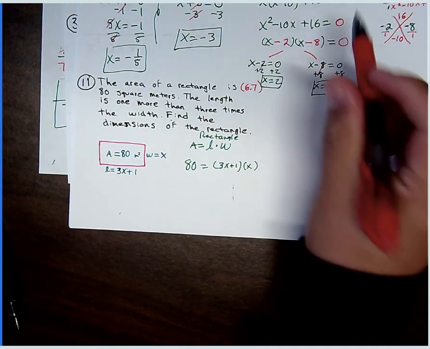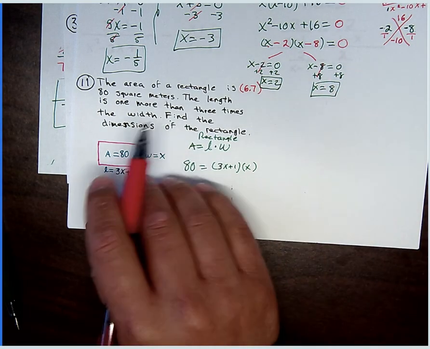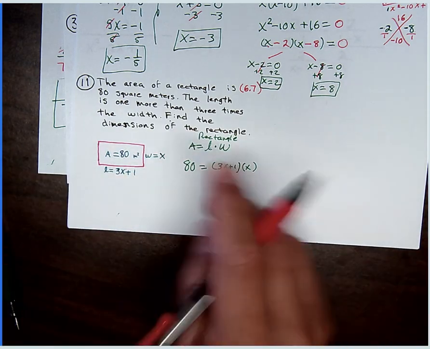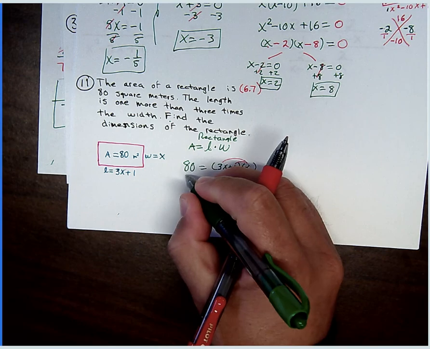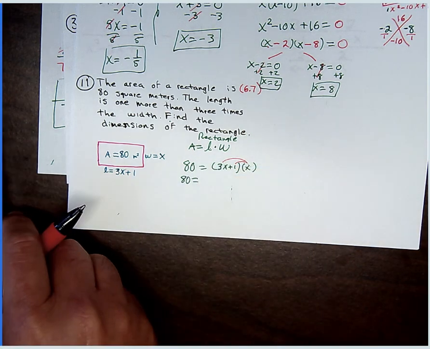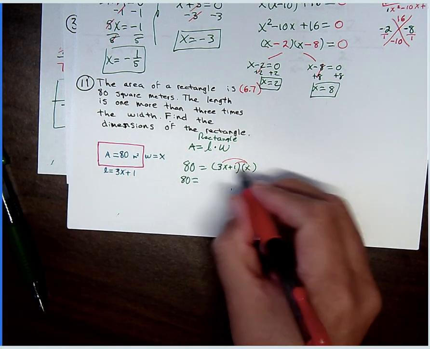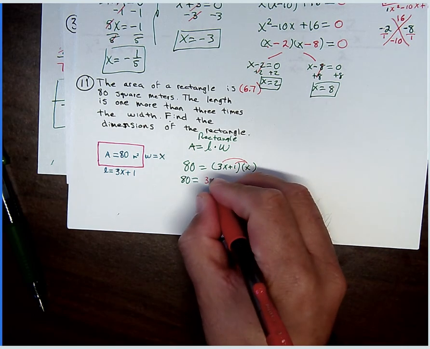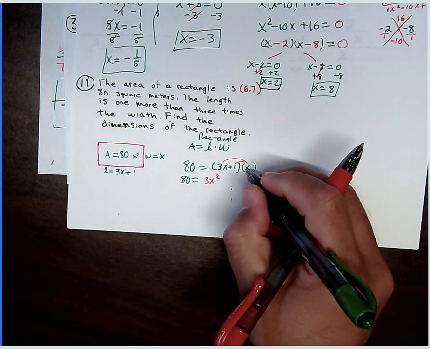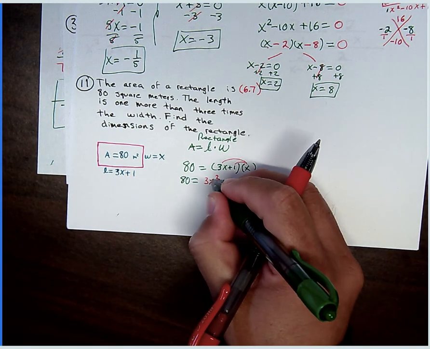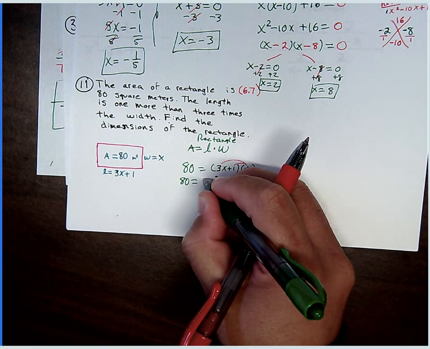So we need to do the same thing we did over here. We need to bring everything to one side and then 0 to the other. This one I'm going to distribute the x first. So 80 equals 3x times x, so 3x squared, and then plus x. Sorry, I should have put it in green.